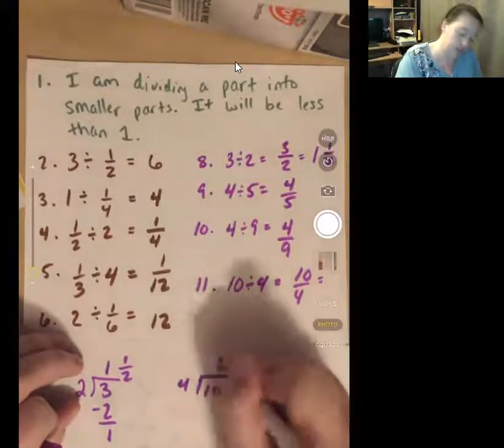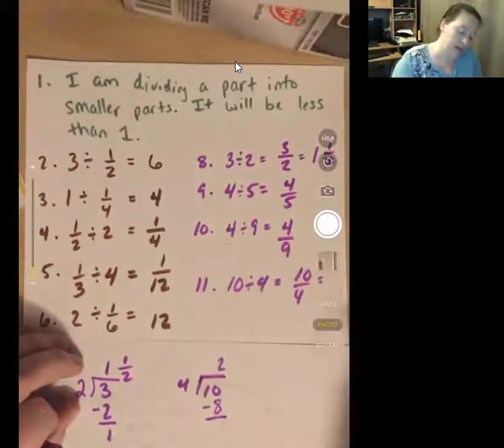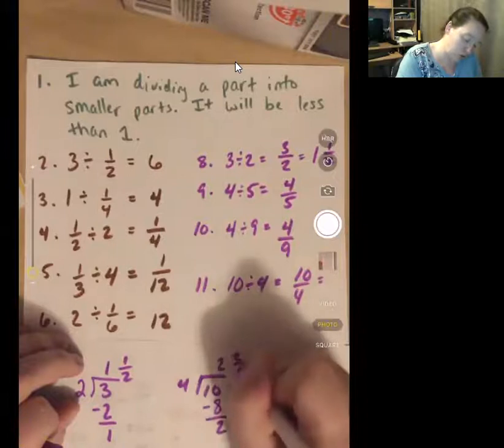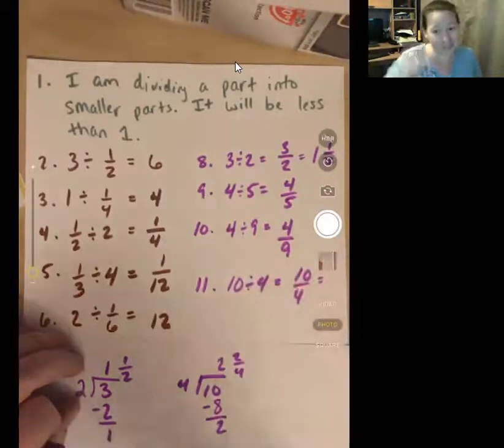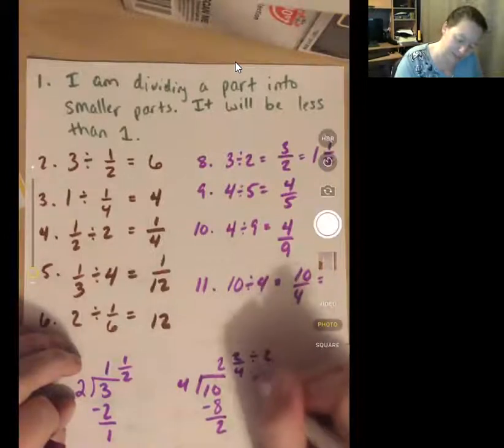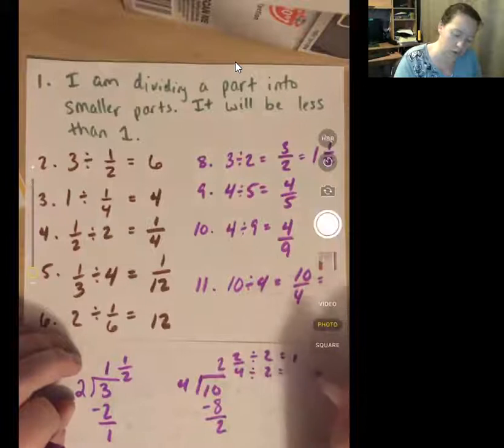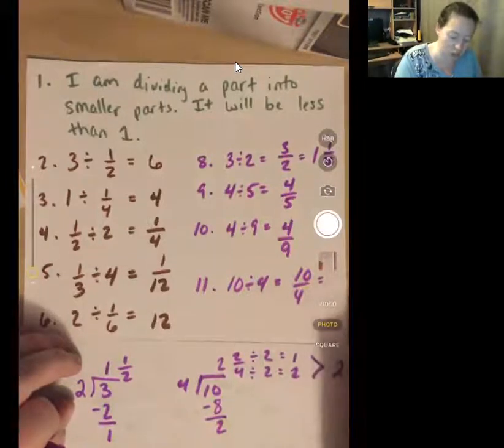Twice, because 2 times 4 is 8. 10 minus 8 is 2. And I end up with 2/4. Well, not quite, because I can still take a 2 out of that, can't I? 2 divided by 2 is 1. 4 divided by 2 is 2. So this whole thing ends up being 2 and 1/2.